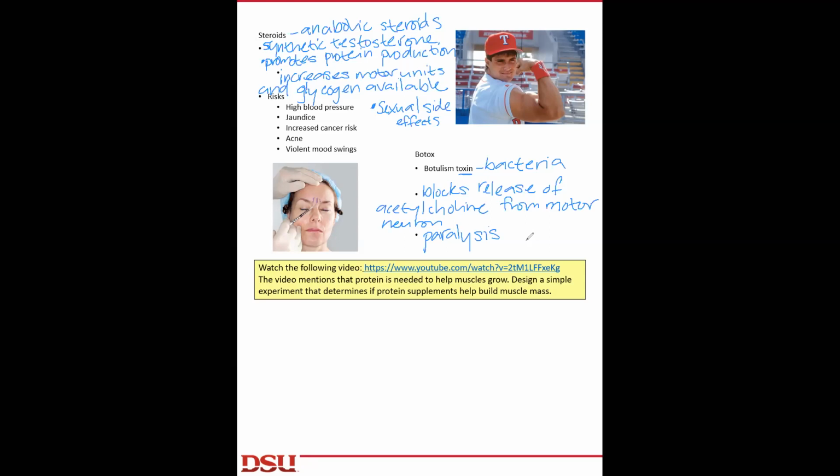So when it comes to, well, let me talk about the bacteria first. So the actual bacteria is something that you can get from contaminated food. I remember when I was a kid, my mom would always warn about checking my canned goods. When she was a kid, botulism was more of an issue, partly because of pasteurization and canning issues in the 40s and 50s.